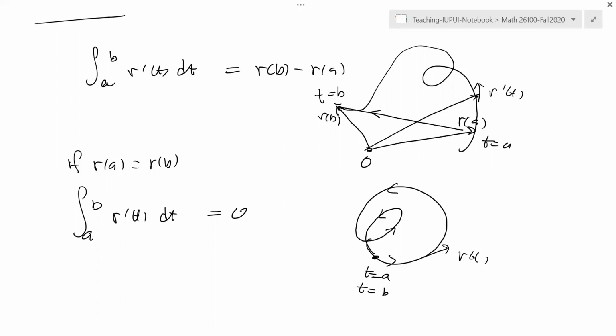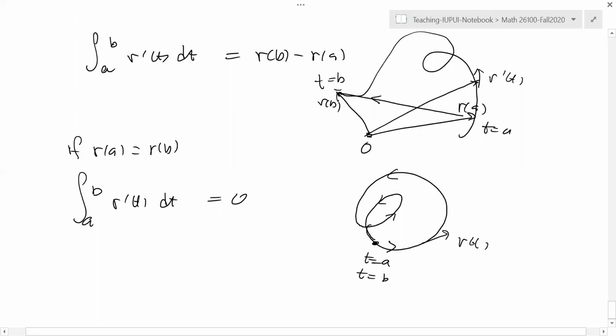So when it returns to the original place, this is going to be 0. That's probably where the integral is useful.